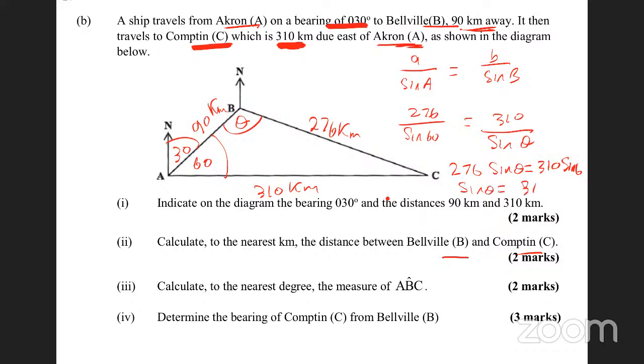Sine theta is 310 sine 60 all over 276. And then solve for theta. What did you all get for theta? 77 degrees. Work it out fast: 310 sine 60 divided by 276, and then find sine inverse of that.